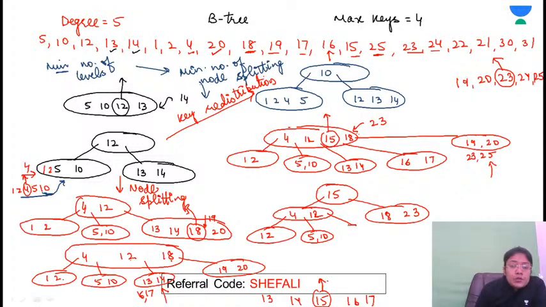On the left we have 13 and 14. Here we have 16 and 17. Node was split on the basis of 23. So here we have 19 and 20. And on the right we have 24 and 25.